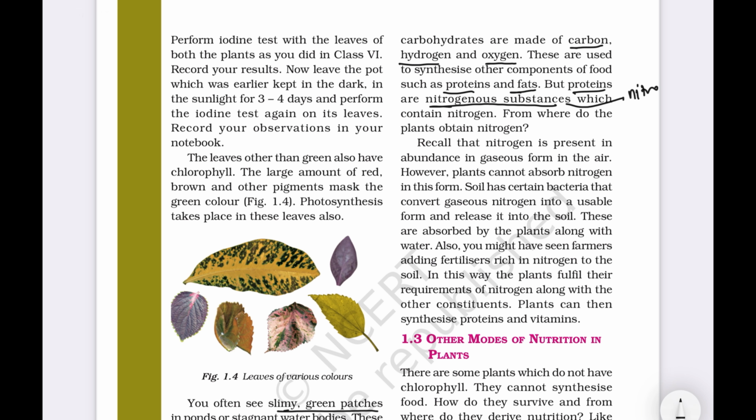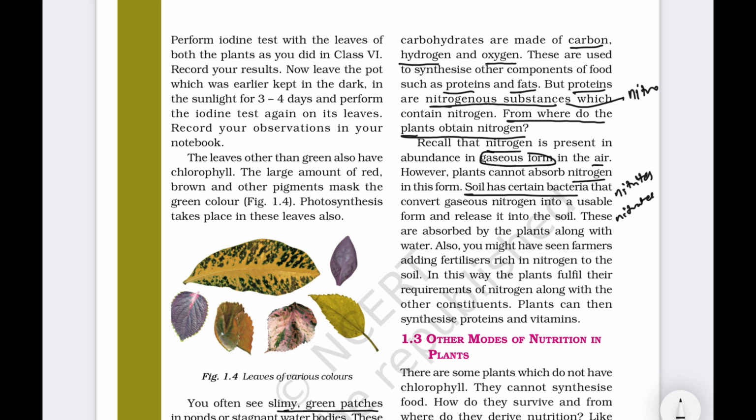Okay, so now the question arises, from where do the plants obtain nitrogen? So like carbon dioxide, nitrogen is also present in air in gaseous form. Okay, but plants are not able to absorb this nitrogen in this gaseous form. So it needs to be converted in other forms like nitrites or nitrates.